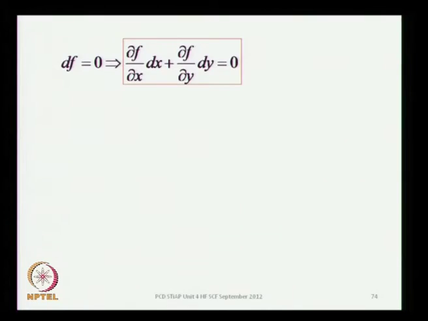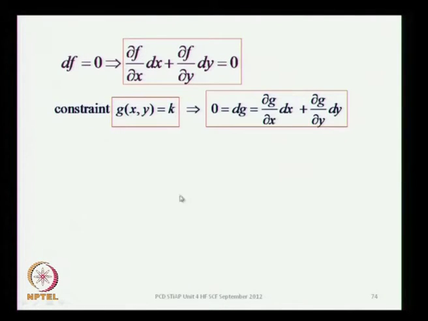If constraints are present, then of course you have an additional feature, namely that your expression for constraint is g(x, y) equal to a certain constant k.